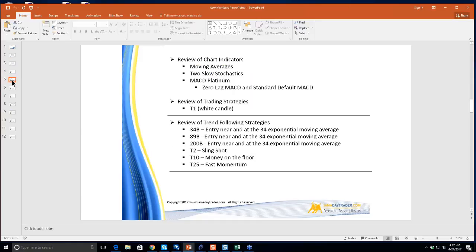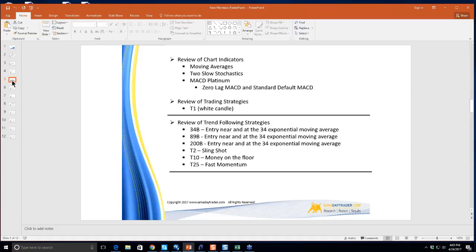And then I'm also going to say that we have 2 indicators that we use regularly. Of course, that's moving averages, and then the 2 indicators at the bottom. That is known as the stochastics. In this particular case, we're talking about 2 of them.